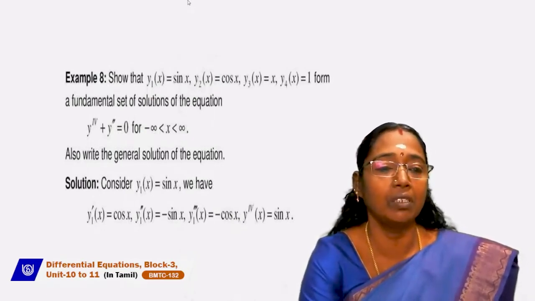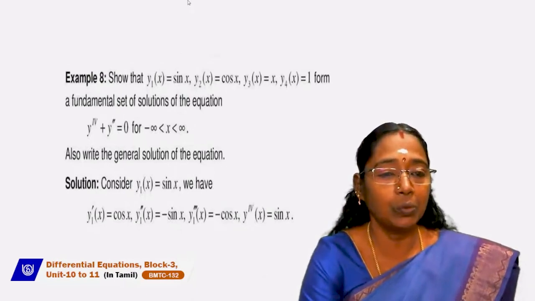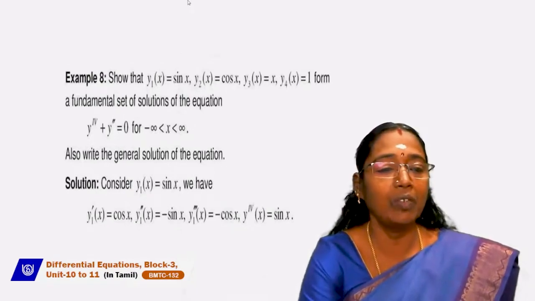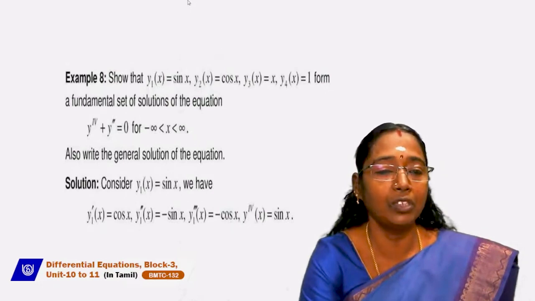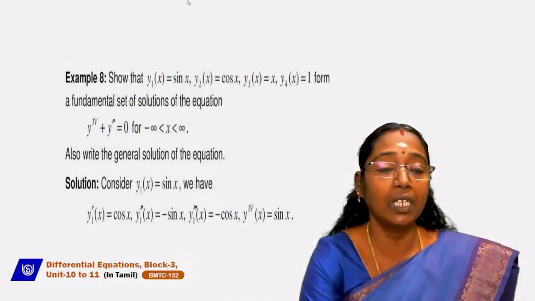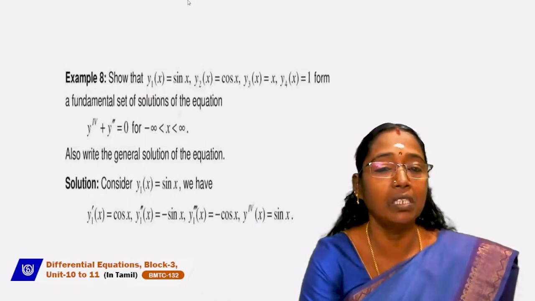Therefore, in the given differential equation y4 dash plus y double dash, both values will be 0. Therefore, 0 plus 0 is equal to 0. Therefore, y3 of x again satisfies the given differential equation.